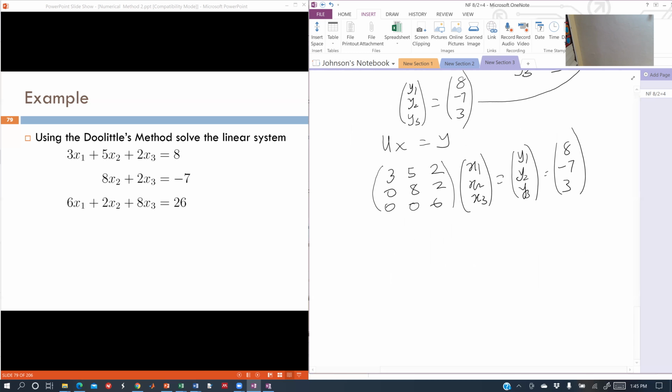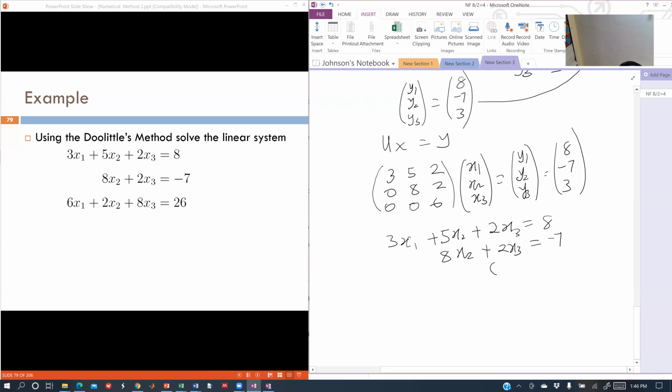So writing the system into the component form, what do we get? We get 3x1 plus 5x2 plus 2x3 is equal to 8. Then we're going to have 8x2 plus 2x3 is equal to minus 7.